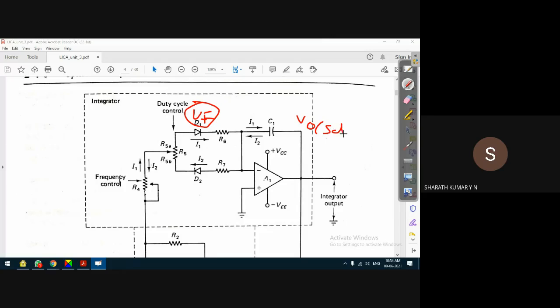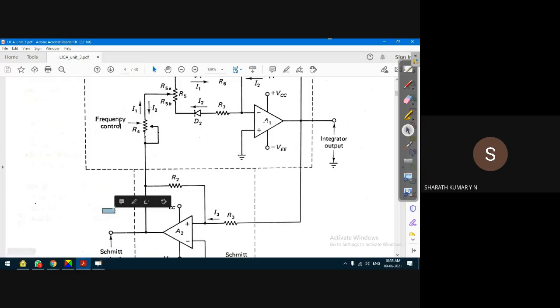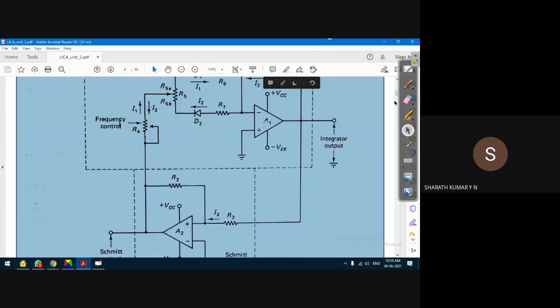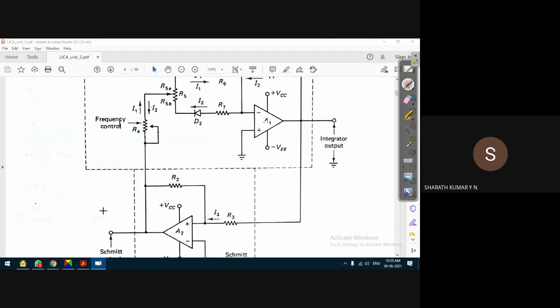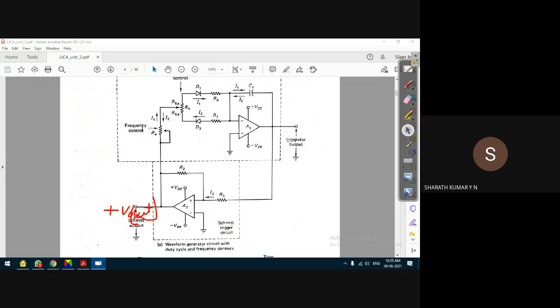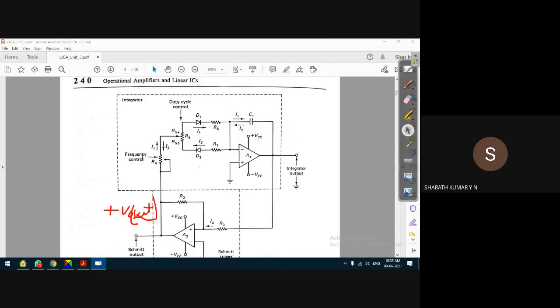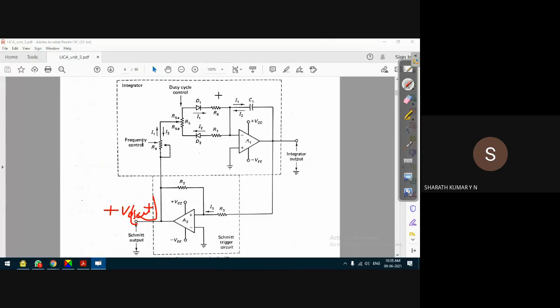The output voltage is V0, because the integrator output voltage is between the UTP and LTP. So this is plus V0 saturation, the output of the circuit, and the voltage across the diode is VF.